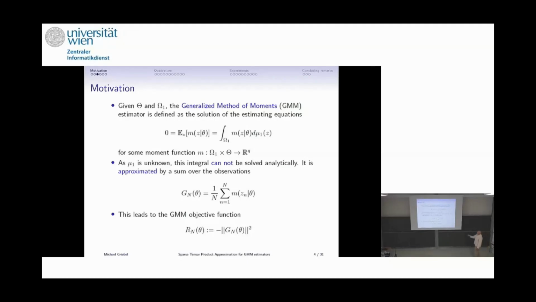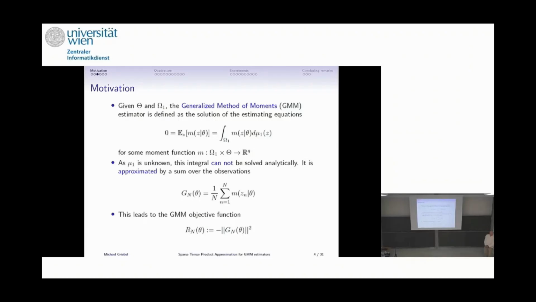And we see that this is an expectation over C, over the data space, of this small m, the moment function. The m is the moment function. It lives in Omega_1 times Theta and maps to R^Q. Okay. The mu_1 is unknown, and this integral can usually not be solved analytically.